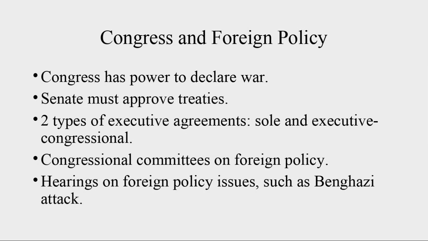With this one, Congress will provide money because Congress was part of the agreement process. So for a sole agreement, Congress doesn't have to provide funding. For the executive congressional, it does. And again, these agreements are only enforceable as long as the president is in office.